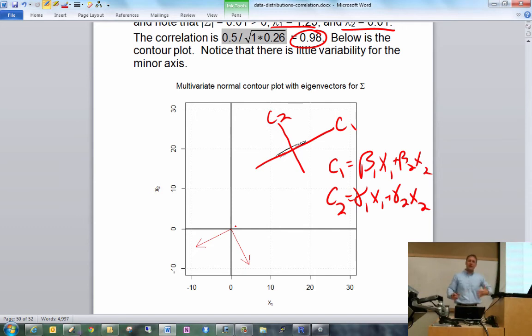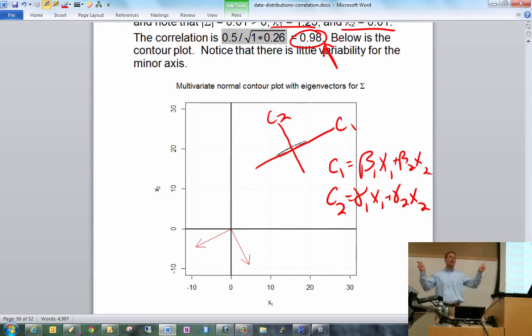Now let's also relate this to something that you might think is helpful too. If I have a correlation of 0.98 between two variables, that says that they're closely related. What happens with x1, a similar thing is going to happen with x2.